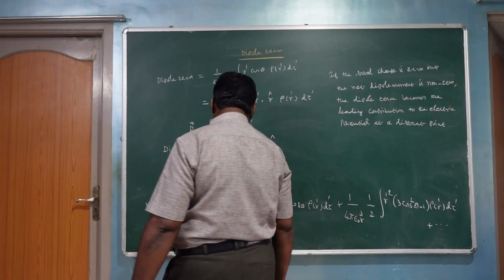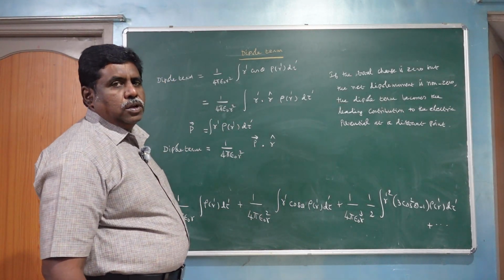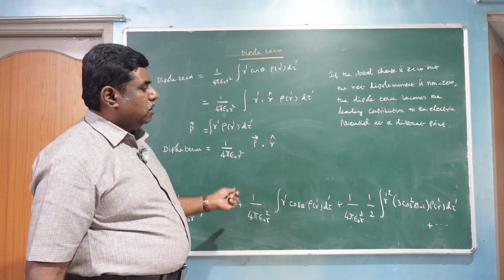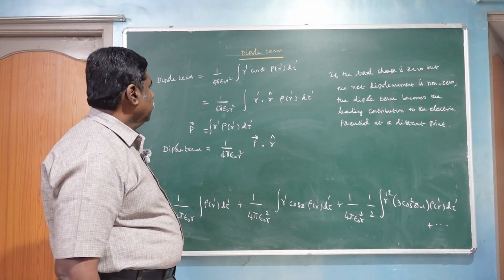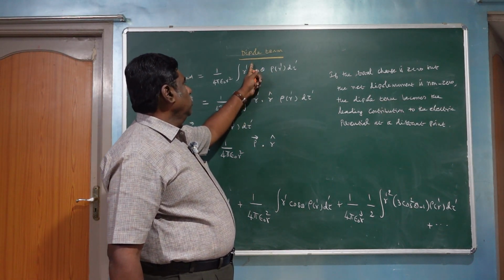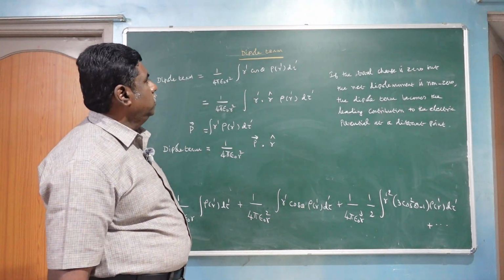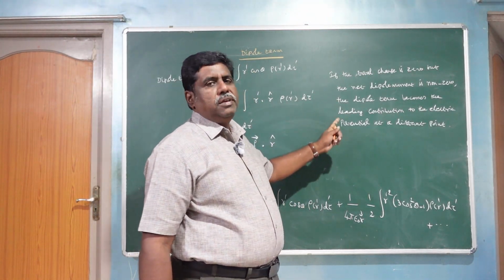See here, among the different terms, only the non-vanishing terms are contributing to the electric potential. In order to include the dipole term in our potential calculation, this condition should be satisfied.